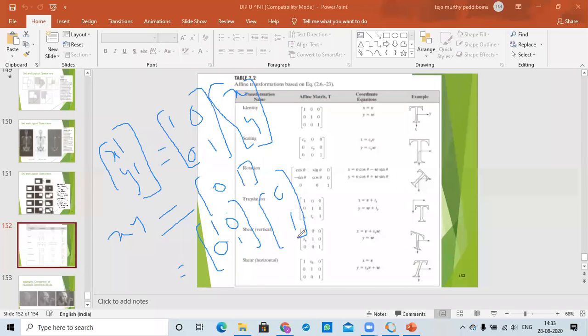Then substitute in this matrix. After this, 1 into 0 plus 1 becomes 2, and then 0 into 0 is 2. That means the value 0 1 should go to the new values 2 2.